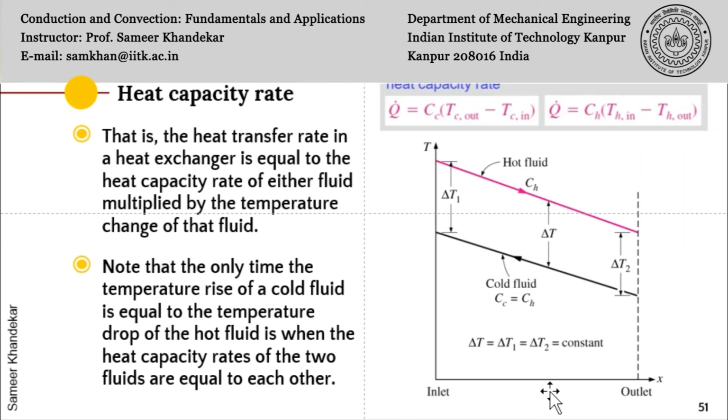In certain cases the mass flow rate can be low but the specific heat high, and therefore the multiplication comes to a value which can be made equal to the hot fluid value, and vice versa. So keep this in mind: the only time this can happen is when the capacity rates are similar or identical.